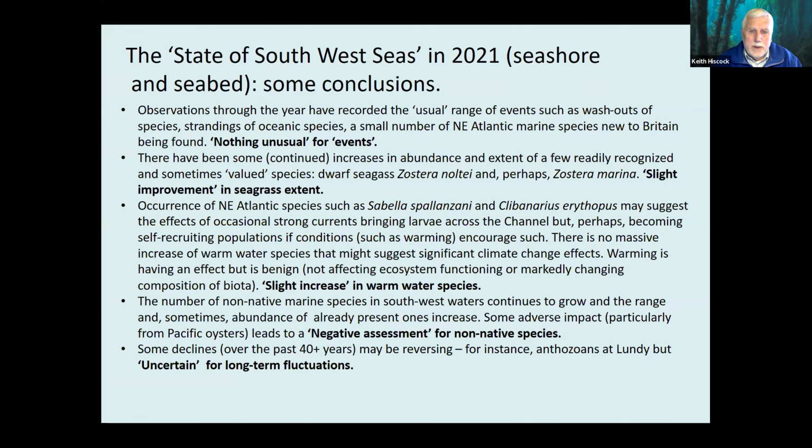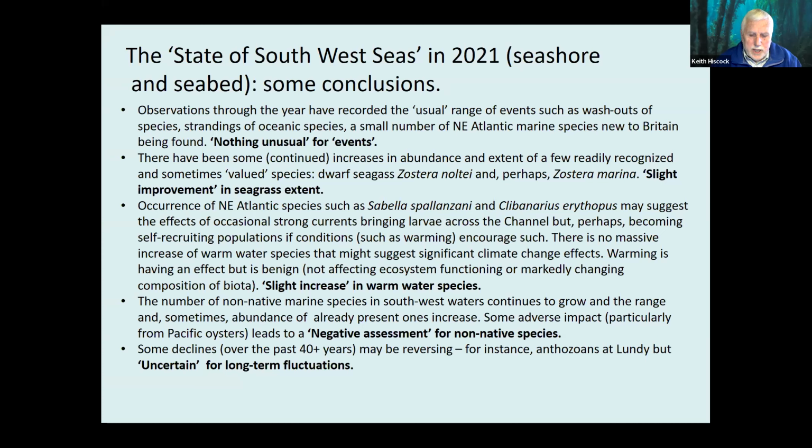But it is something which we can do on an annual basis, not the sort of six-yearly cycle that is prevalent in many other government-funded assessments. So we can do it on a yearly basis. We just need to see how to represent it and how to make our observations more quantitative, more useful to those who have to regulate human activities and understand and separate what are normal events from those which might suggest some sort of problem.